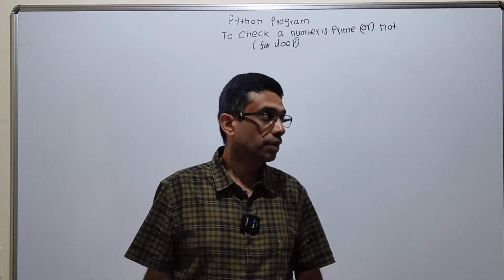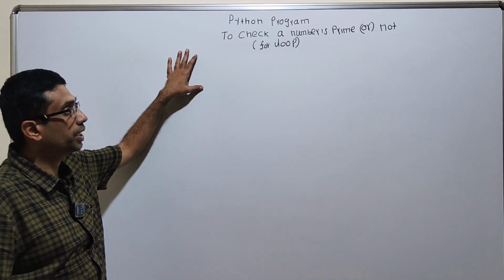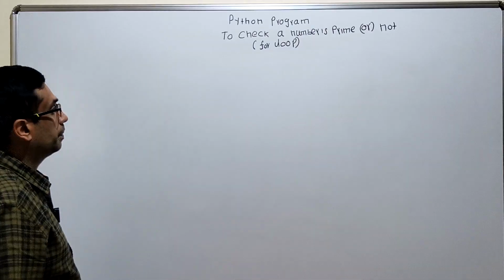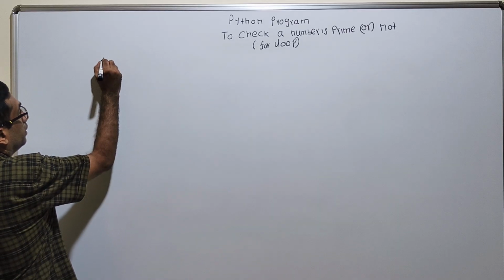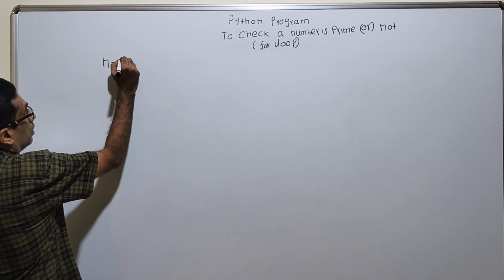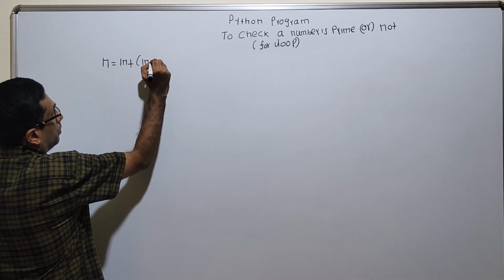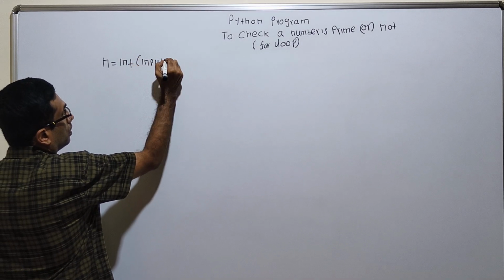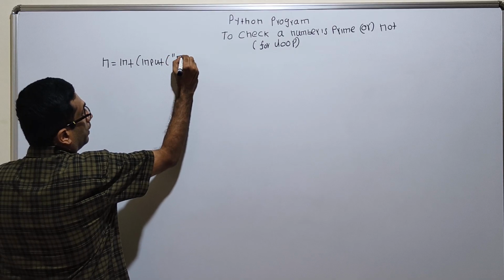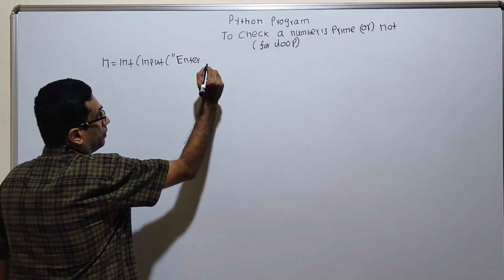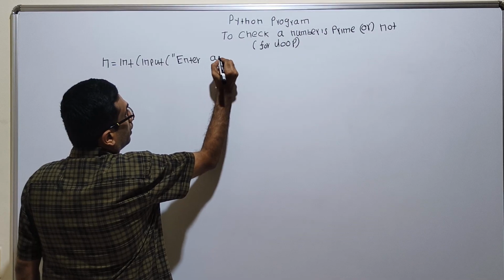Hello friends, we are going to write a Python program to check a number is prime or not using for loop. So here I am having a variable n equal to integer of input of "Enter a number".